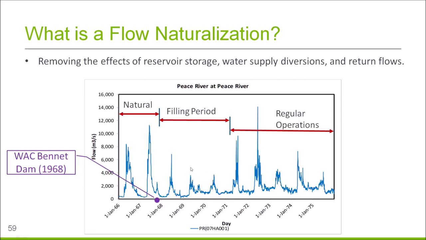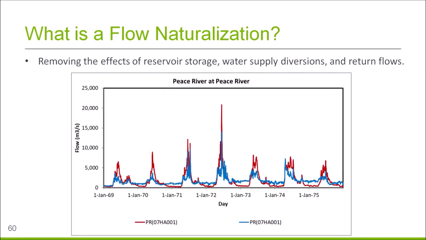You could see there's a filling period from 1968 all the way to late 71, and at this time the flow decreased significantly, right? This is what happens when you start withdrawing water for filling a reservoir. And then after that, this is the regular operations time, but you would notice that the summer flow is much less than what it should be, and the winter and fall flow is higher than what it should be. So naturalization means trying to take out those artificial effects using a mathematical model.